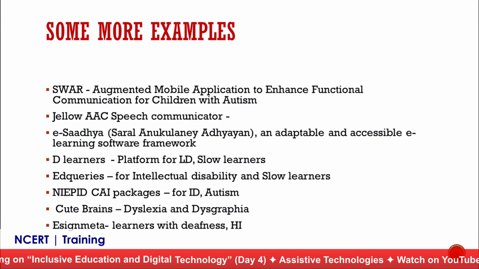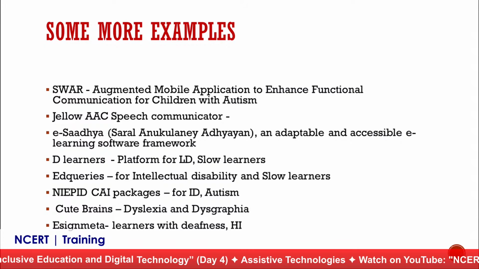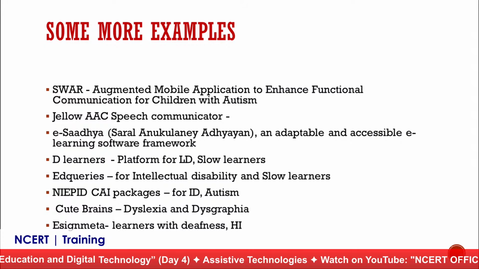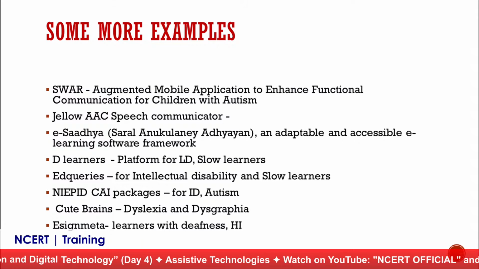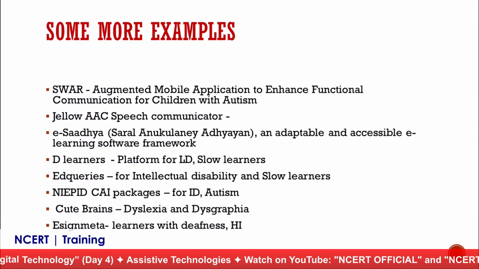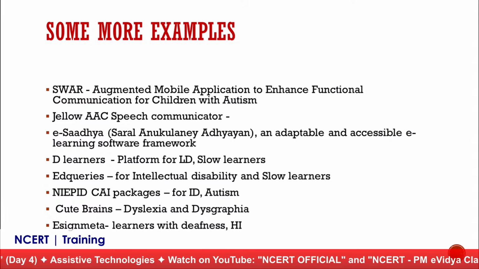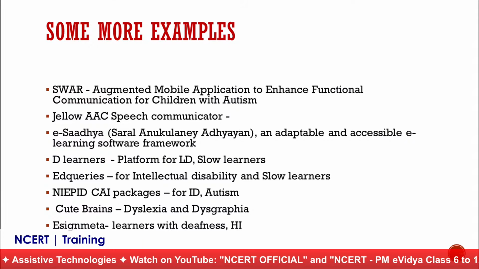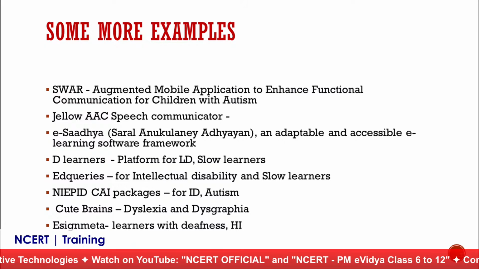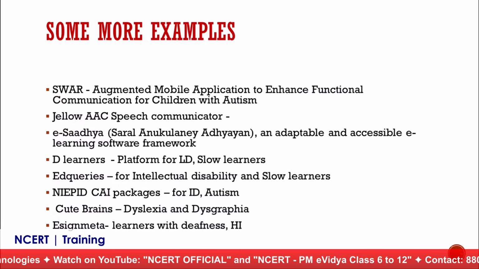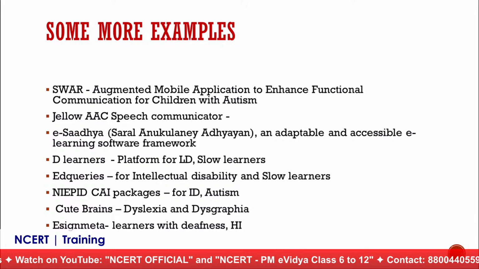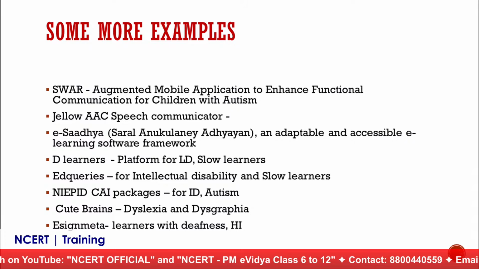Now, apart from this, some more examples are especially for children with autism who have difficulty in social communication skills. Swar, this particular augmented mobile application, is developed by CDAC Bengaluru, and it enhances functional communication for children with autism.